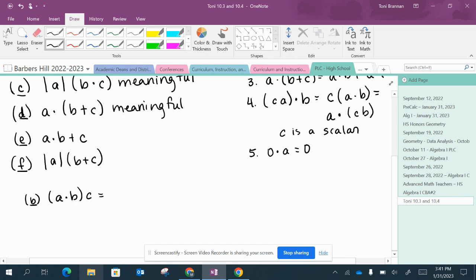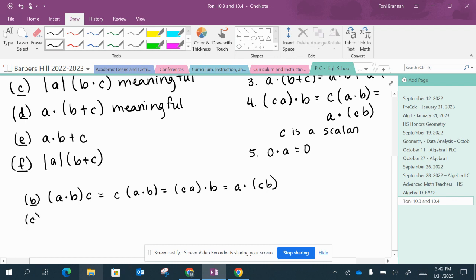So this is really the same thing as C times the dot product of A and B, which is the same thing as C times A, dot product B. And that also equals A dot product of C times B. So that's why B is meaningful.